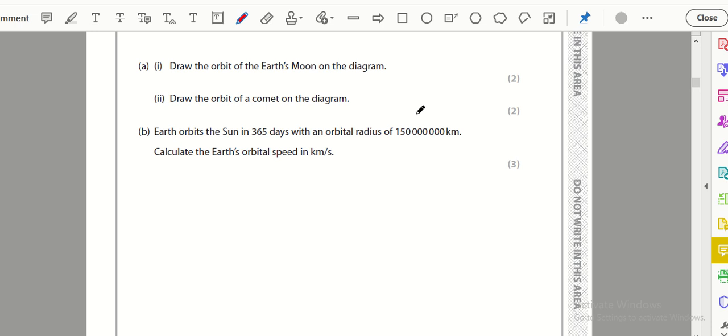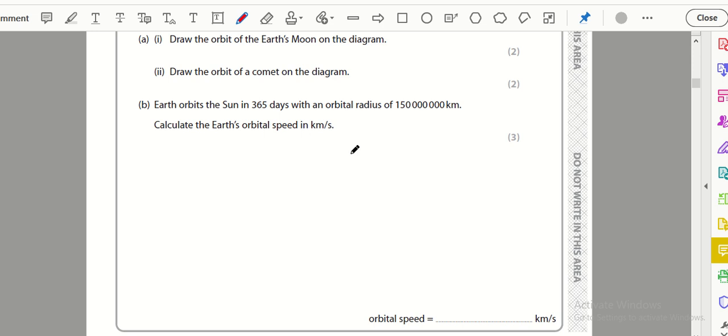Earth orbits the Sun in 365 days with an orbital radius of 150 million kilometers. Calculate Earth's orbital speed.